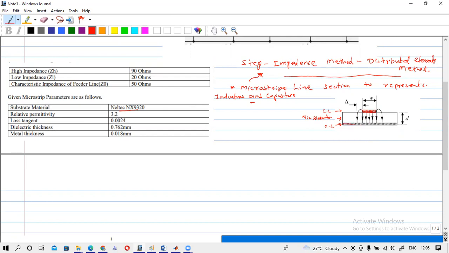This bottom copper layer acts as the ground terminal, and this will be our line. We feed the signal to this transmission line. So we have a line section and we have the ground section.